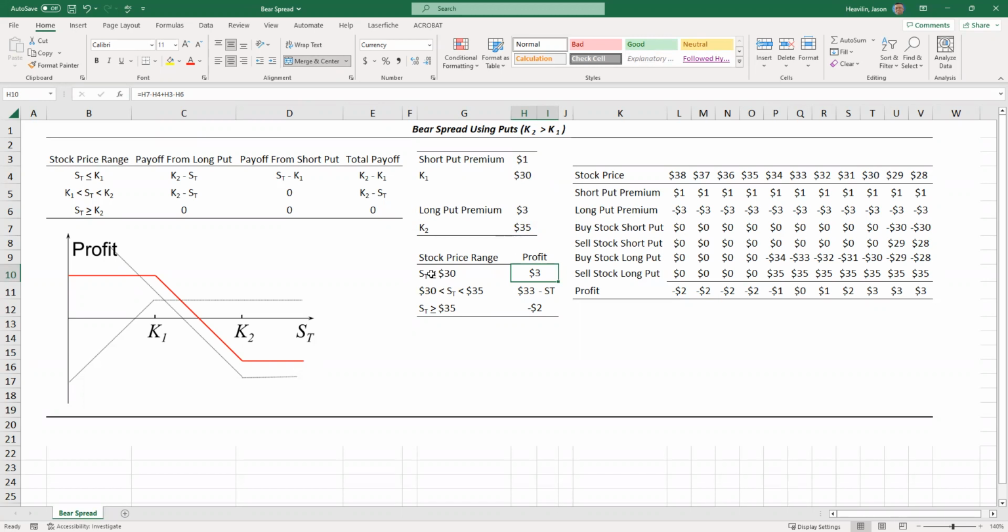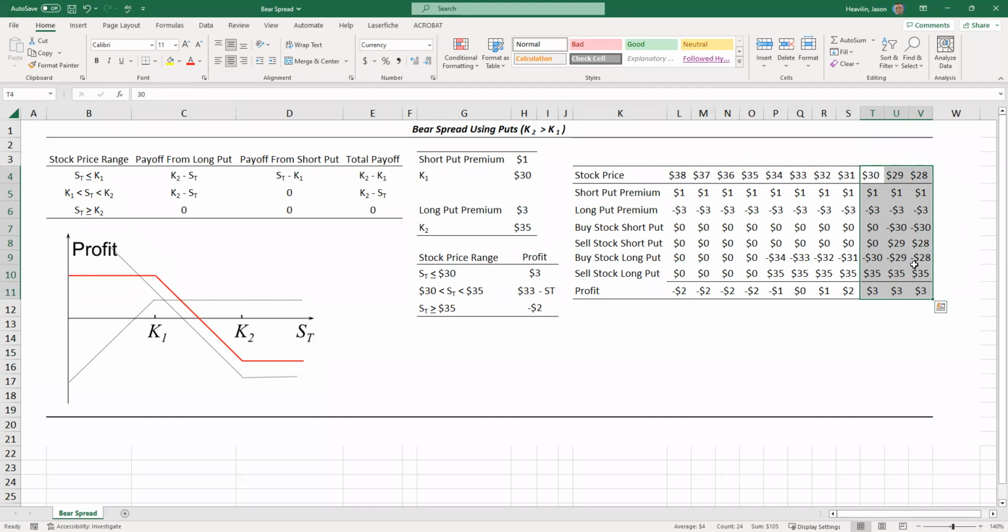Notice we said if the stock price is less than or equal to 30, so we're talking about this range here. Pay attention that in this case, because it's a bear market, the stock price starts at 38 for this example and is going down to 28. So on this first one, this is what happened. We're talking about this range here, the $3 payoff. This will be the top here, that red line that is flat on the graph.